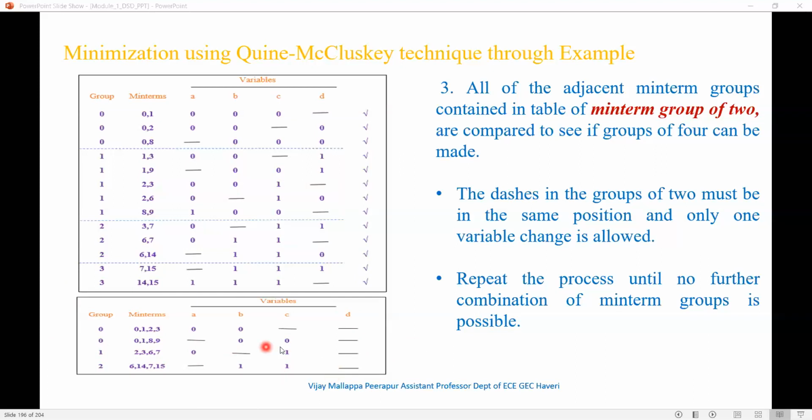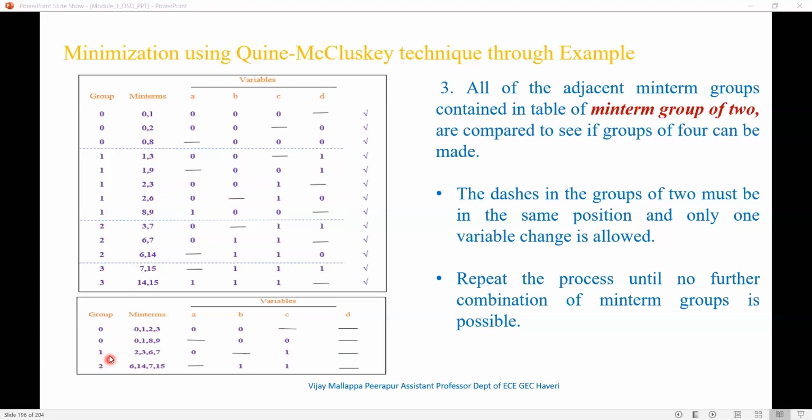Can we have that? Everyone please double check. In group 0 we have dash here. In group 1, do we have the same dashes for C and D variable? We don't have it, right? So it means that there is no one variable change there. That's the reason we cannot group these 2 minterms.